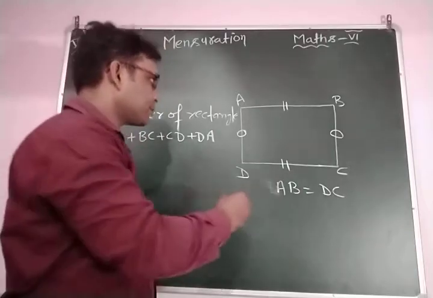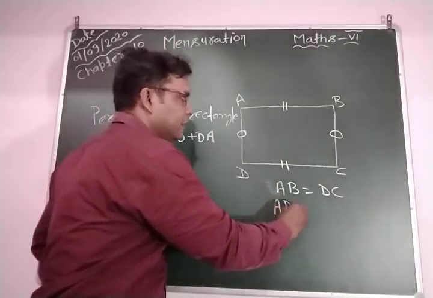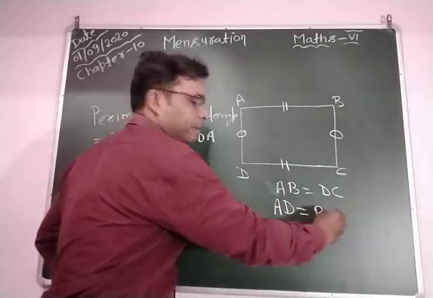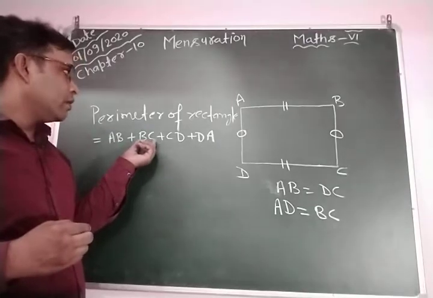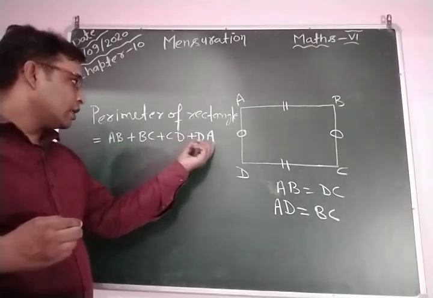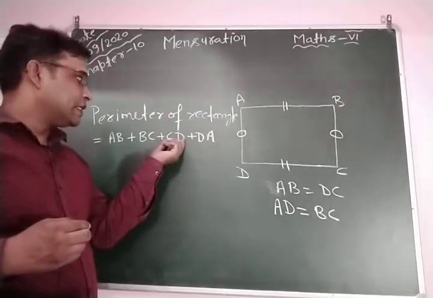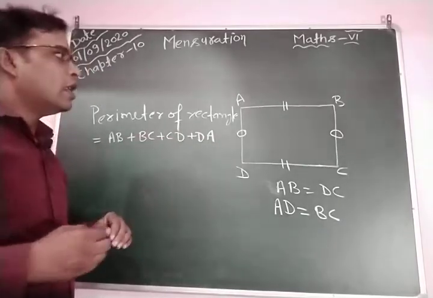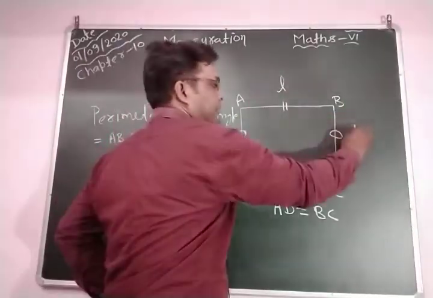This is the property of a rectangle: opposite sides are equal and each angle is 90 degrees. So you can also write AD is equal to BC. In place of BC, we write AD or DA. In place of CD, we write AB. Also in a rectangle, this is a length and this is a breadth.